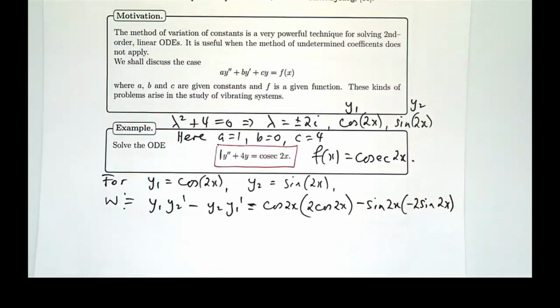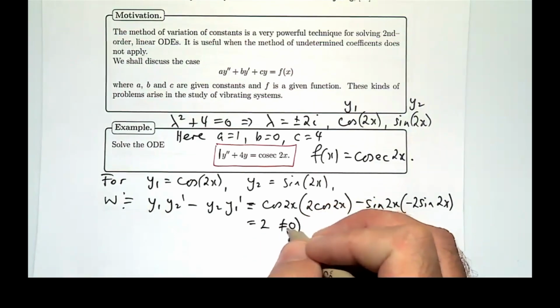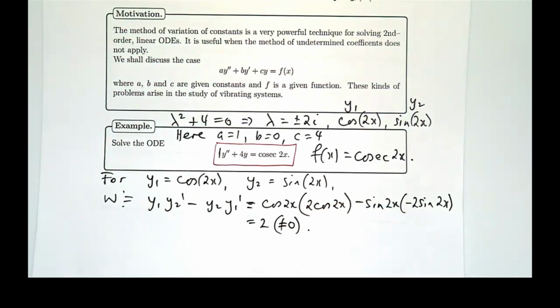Okay? So if you look carefully, now you get cos squared plus sine squared equals 1. So the Wronskian's non-zero, so that's good. Things are going to work out. We're not going to divide by 0, which is cool.